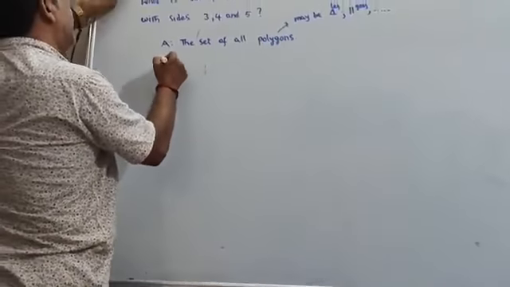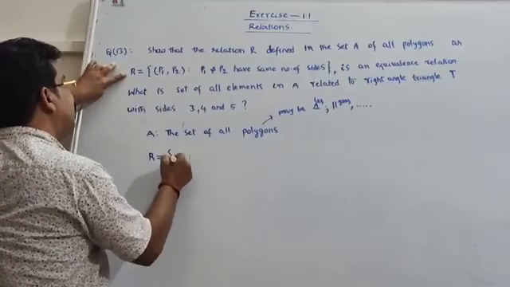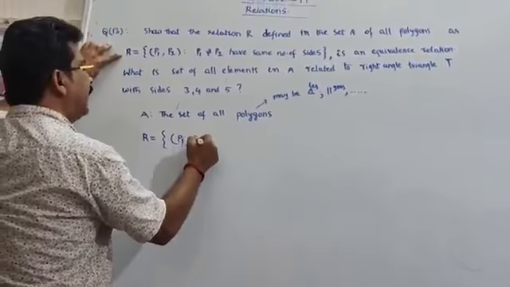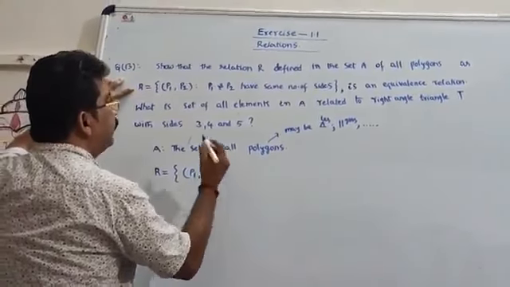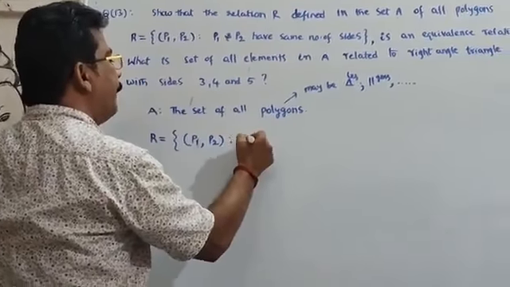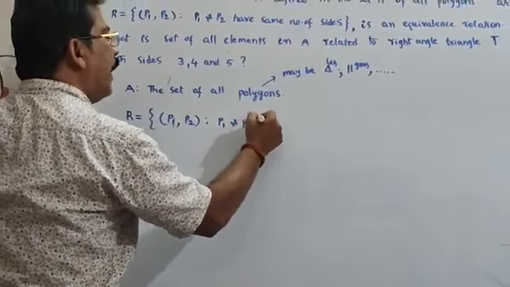Okay, capital R. Capital R is what? Capital R is the set of ordered pairs (P1, P2), first polygon and second polygon, so that P1 and P2 have the same number of sides.